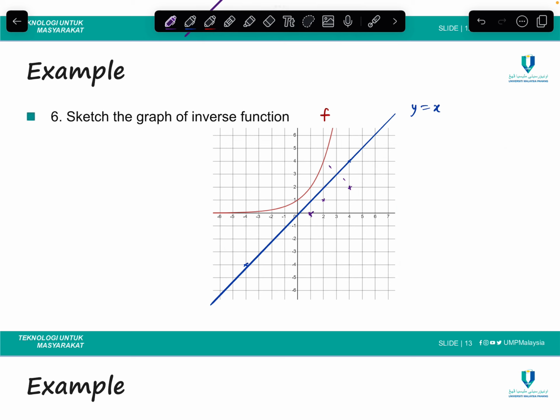Now we have it like this. Okay, now based on these points, you can draw the f inverse. So you need to label the new graph as f inverse function.